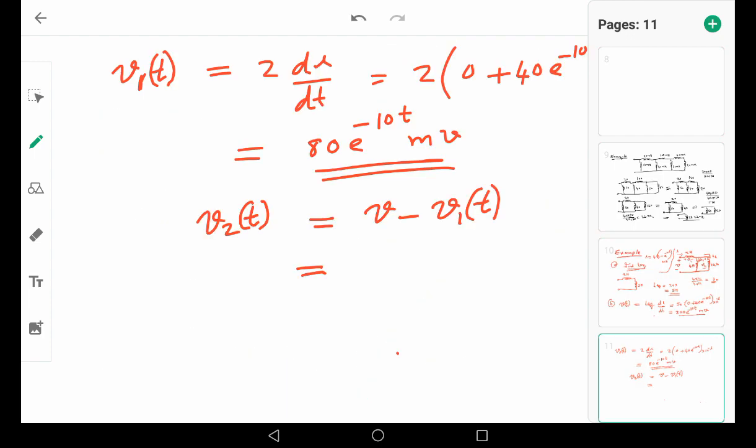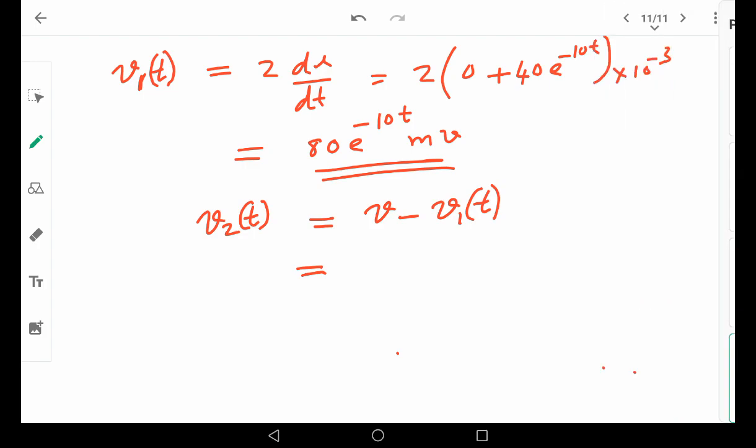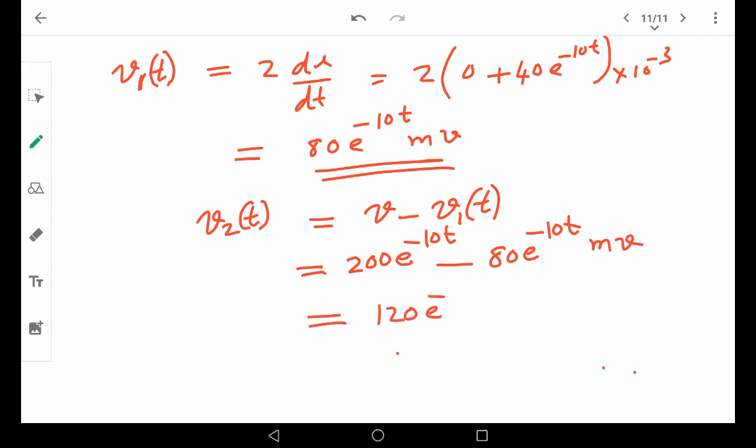So that is 200 e raised to minus 10t minus 80 e raised to minus 10t millivolt. So it will be 120 e raised to minus 10t millivolt. That will be V2t. That's how you will do this problem. Okay. So with that, actually, we will stop the lecture on the inductance.